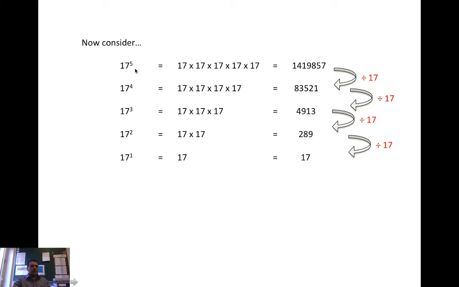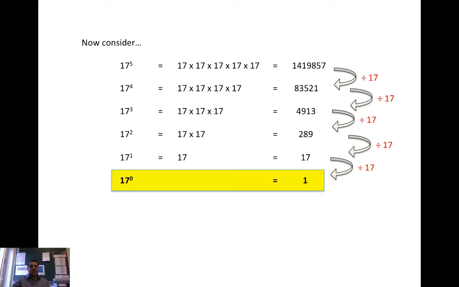Well, for this pattern on the left to continue, it would have to be 17 to the power of 0, because the powers are going 5, 4, 3, 2, 1, so the next one has to be 0. And then if you keep dividing these by 17, then the next one should be 17 divided by 17, which is 1. So you get 17 to the power of 0 equals 1.